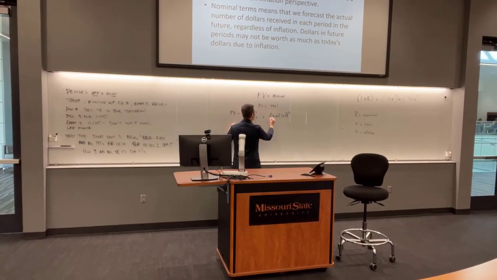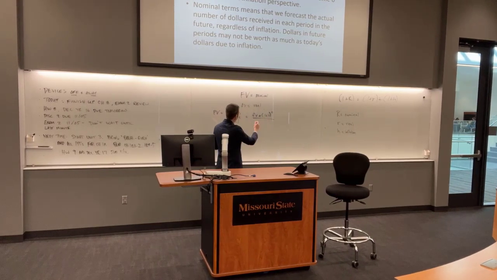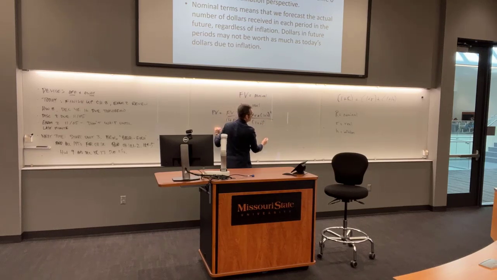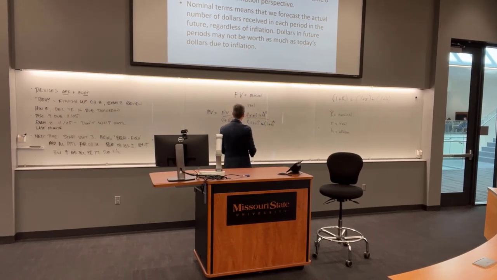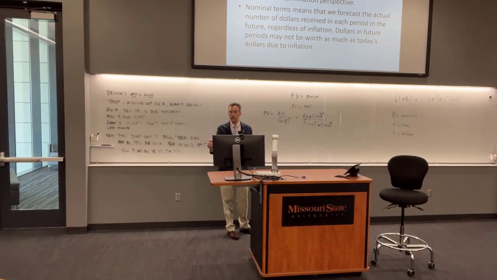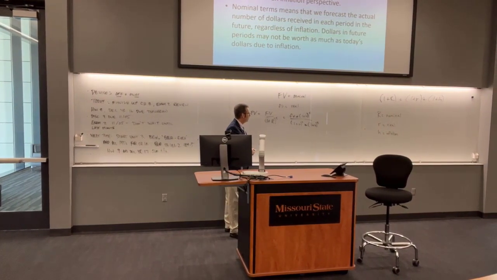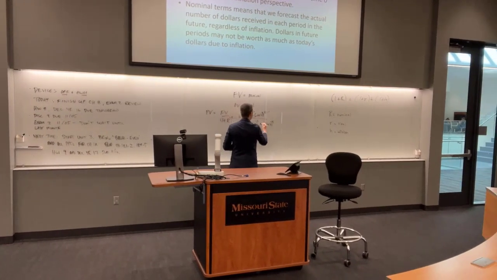Now, what about the bottom part? Well, we know that 1 plus R to the t is going to be equal to 1 plus r to the t times 1 plus h to the t. I haven't broken any laws there as far as I know, mathematical laws. Now, once I get that up there, what do you notice? What cancels out? Yeah, the 1 plus h to the t, these things cancel out.